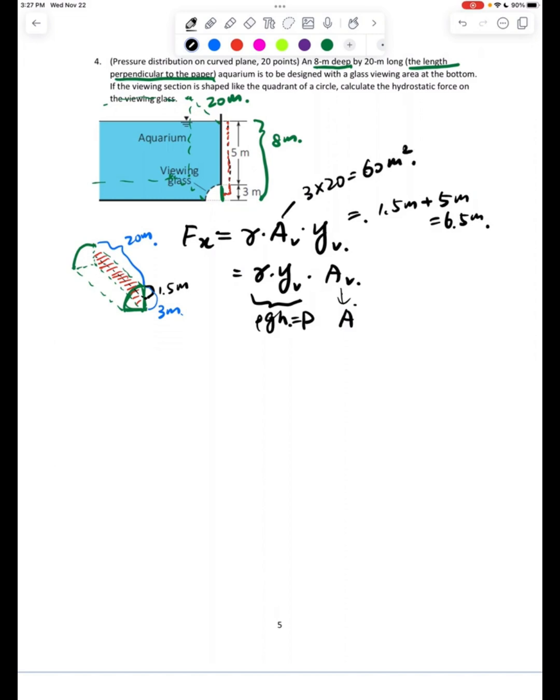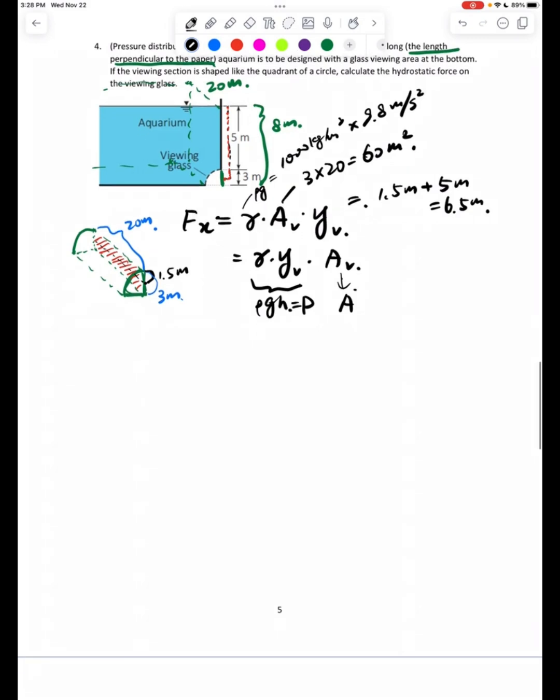And gamma here should use water, right? So just use rho g equals 1,000 kilograms per cubic meter multiplied by 9.8 meters per second squared. So that's for gamma. So all numbers we know.